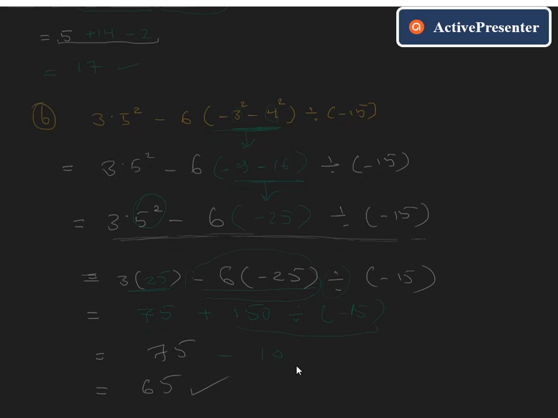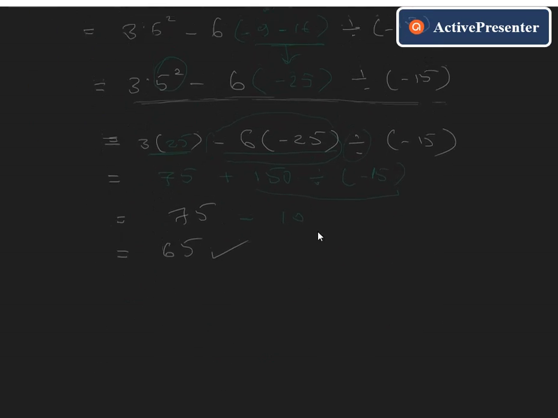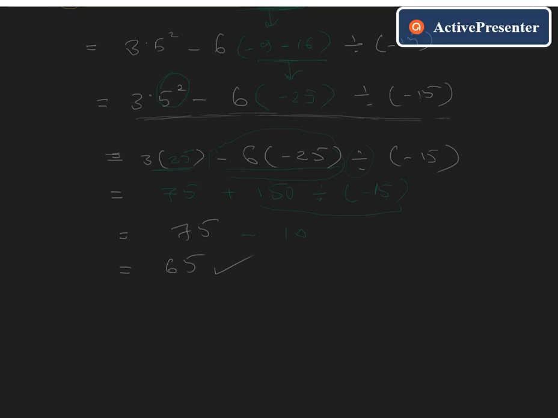Let's take another example. 3 minus 5, all to the power squared, multiplied by 3 squared minus 5 squared. We follow our order of operations agreement. This will be 9 minus 25.